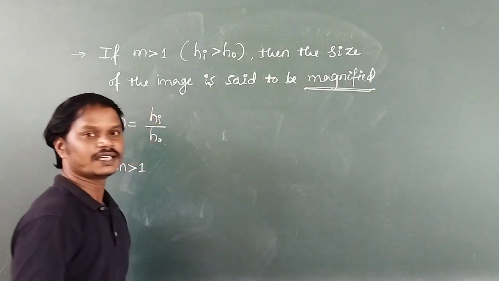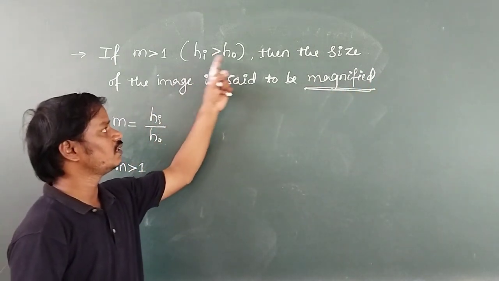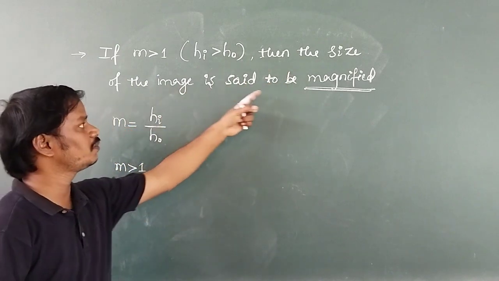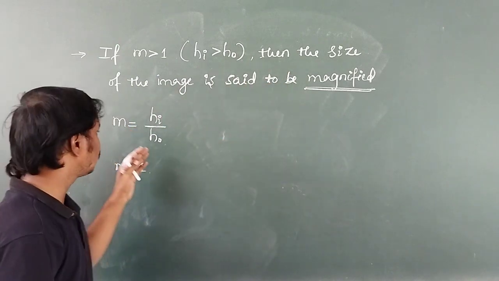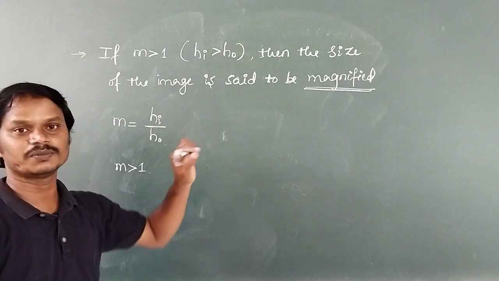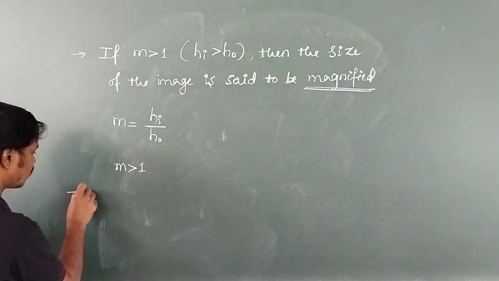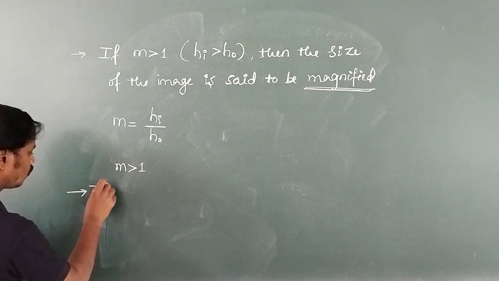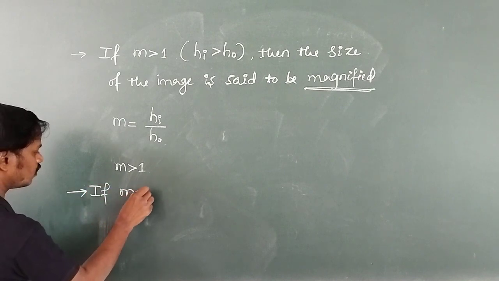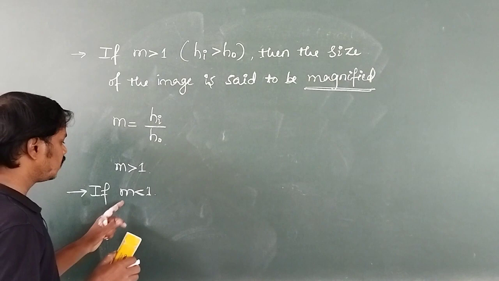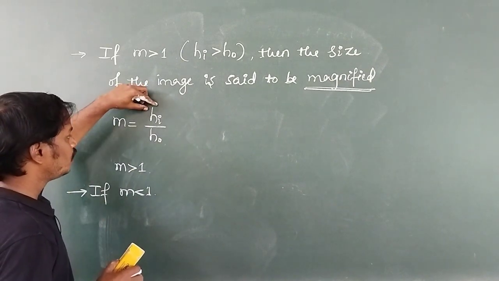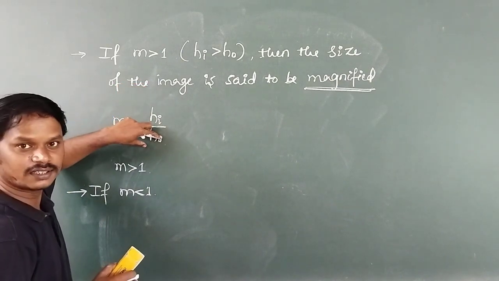So, if the magnification is greater than 1, then the size of the image is said to be magnified, means the height of the image is greater than the height of the object. Next, let us move to the fourth case. If m is less than 1, means when m is less than 1, it is only when the numerator is less than the denominator.